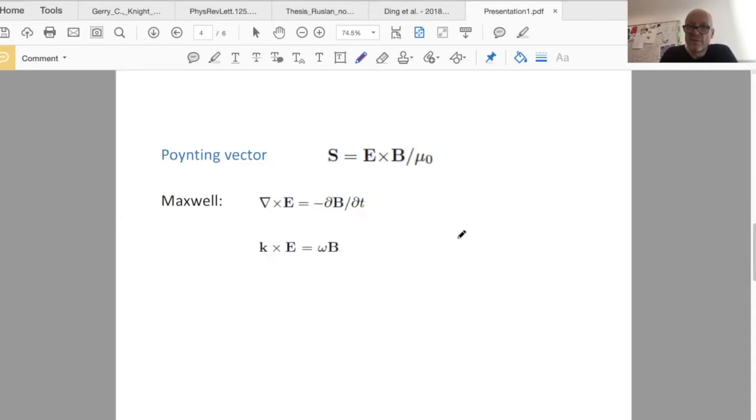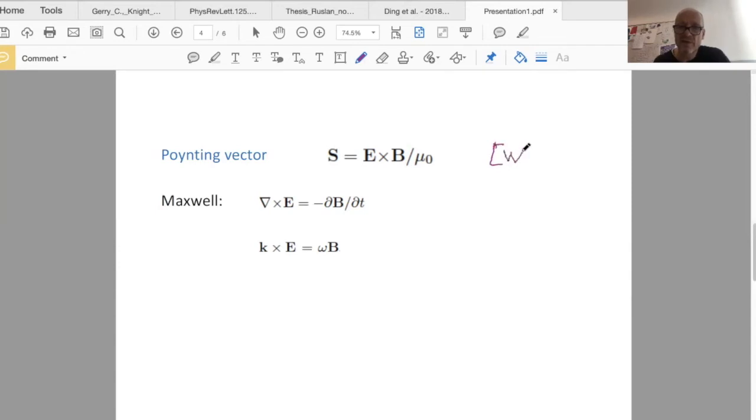Another thing we need to look at is the Poynting vector, because we are now interested in what we would measure in the lab. So if you have a photodetector, it measures energy or intensity, photons per second, things like that, but not field amplitude. It measures energy or intensity. Now the Poynting vector gives access to that.